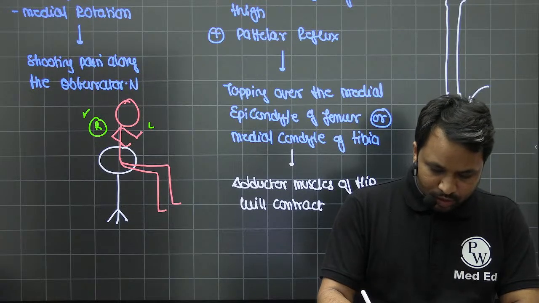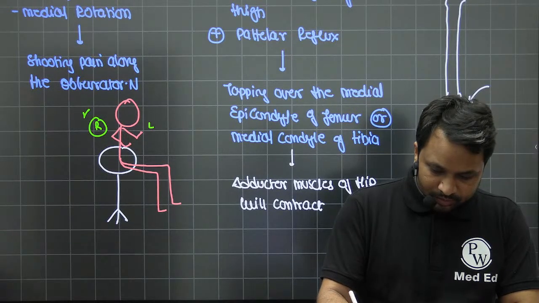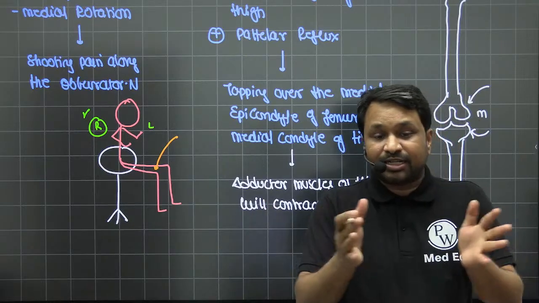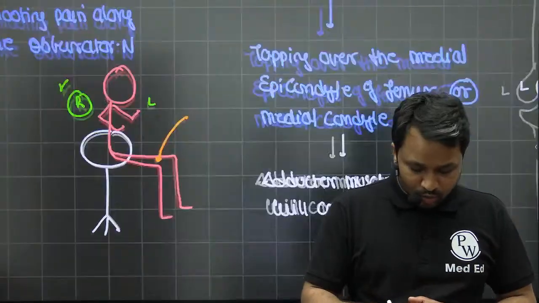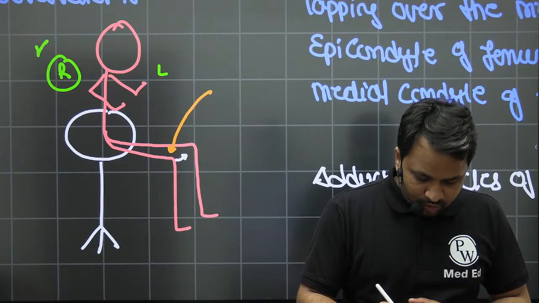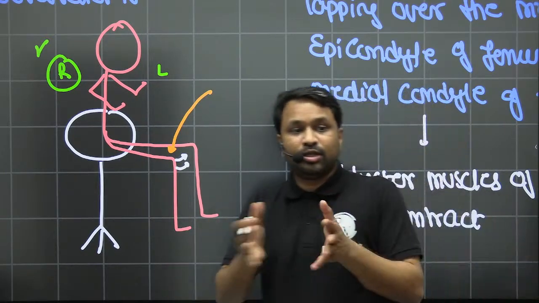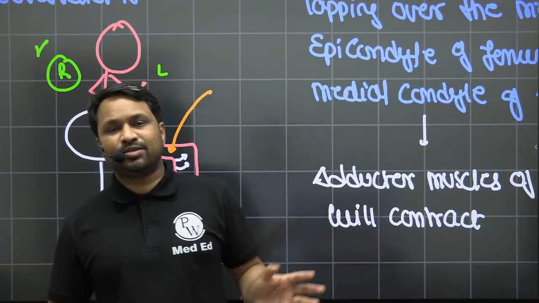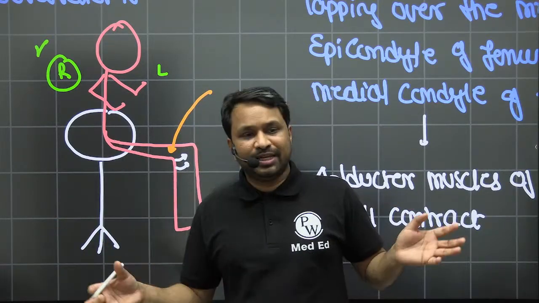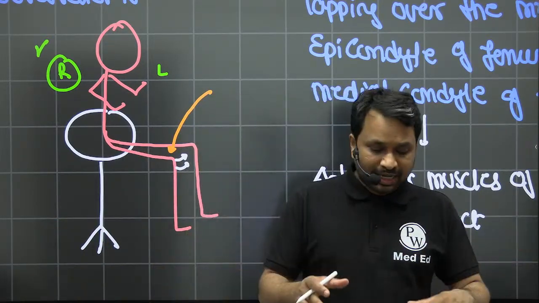So when I tap on the medial epicondyle, the adductors of the hip contract, and you will see that the knee joint moves closer to the medial aspect. So ask the patient to split the legs wide open, do this, and you see the legs move closer, or I can say the knee joint moves closer to the medial aspect of the midline.